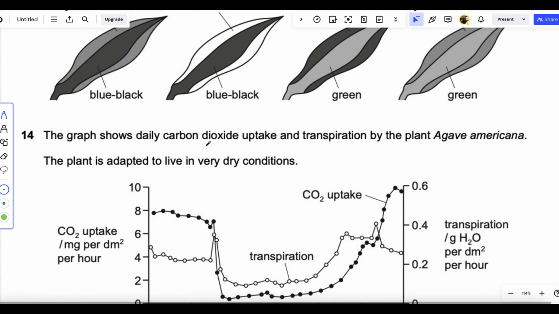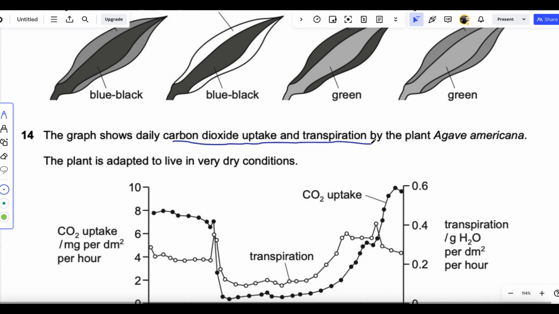Carbon dioxide uptake is what the leaf takes in through the stomata, and transpiration is how it is lost, whichever gas you're talking about. In this regard, we're talking about carbon dioxide in plants, how it is taken and how it is lost by the plant Agave americana.